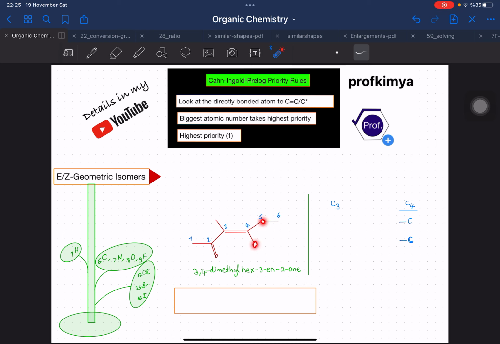Okay, carbon atom of ethyl group has a hydrogen atom, and a carbon atom.